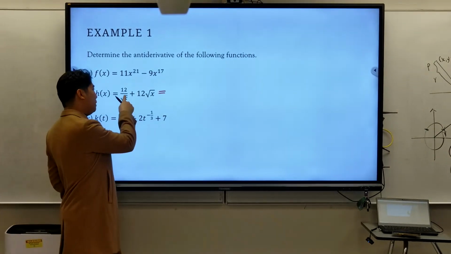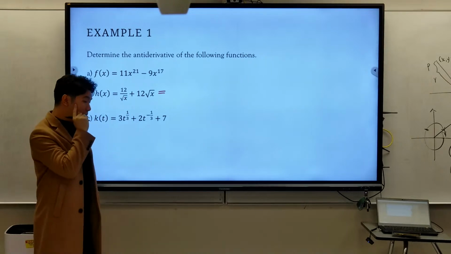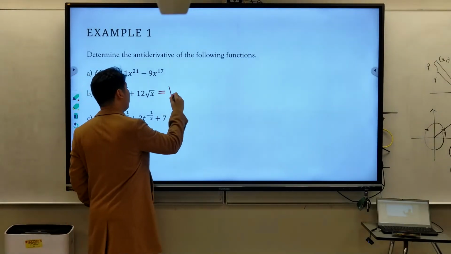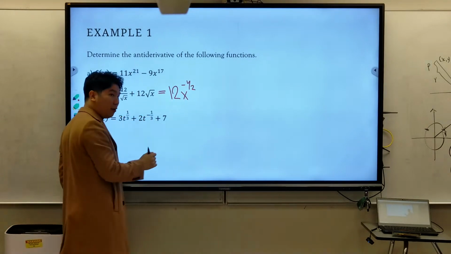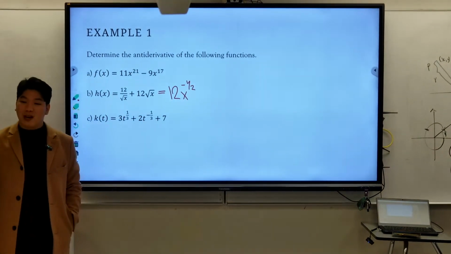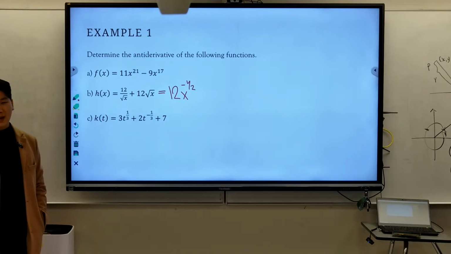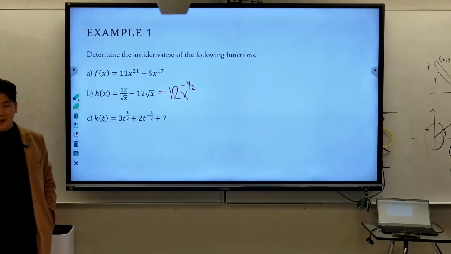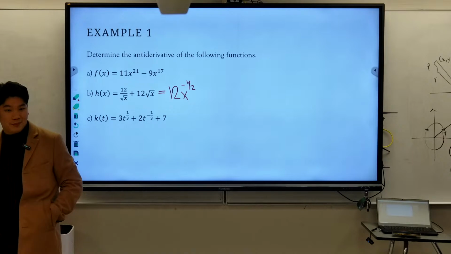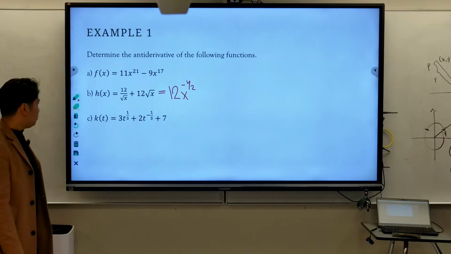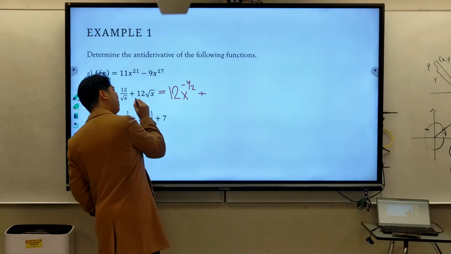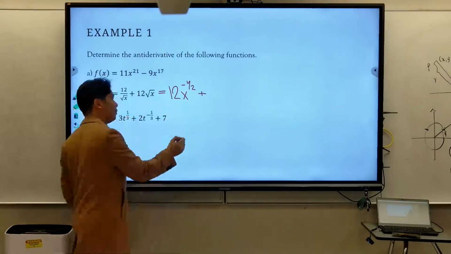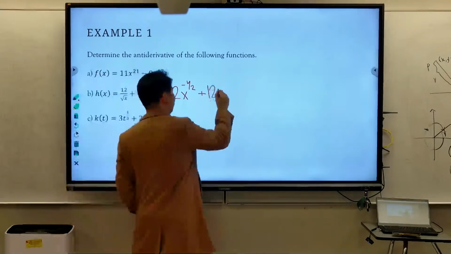So first off, would we agree that 12 over the square root of x, that's the same thing as 12 times x to the negative 1/2 power. The 1/2 coming from the square root, negative because it was originally on the bottom. How could I rewrite the second? Yeah, 12x to the 1/2.